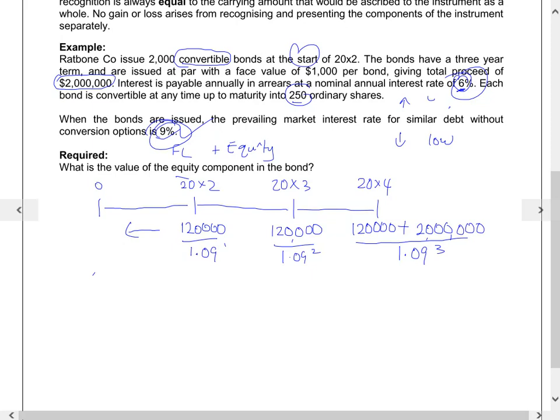It's a 6% convertible bond, $1,848,123, and credit equity option.